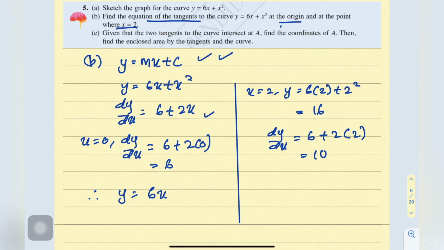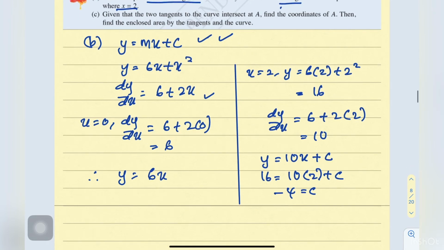Put into y equals mx plus c: y equals 10x plus c. So y is 16 equals 10 times 2 plus c, so c is negative 4. So therefore, another equation of tangent is y equals 10x minus 4.